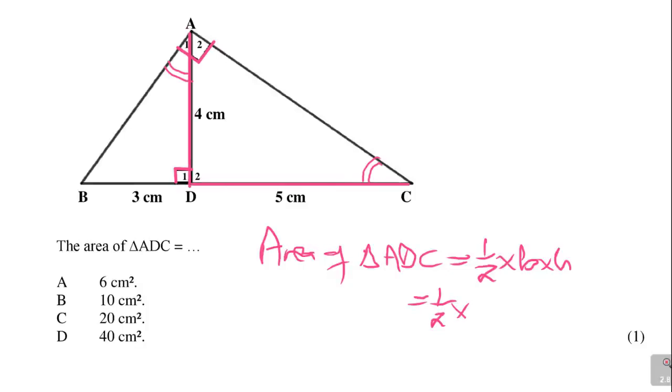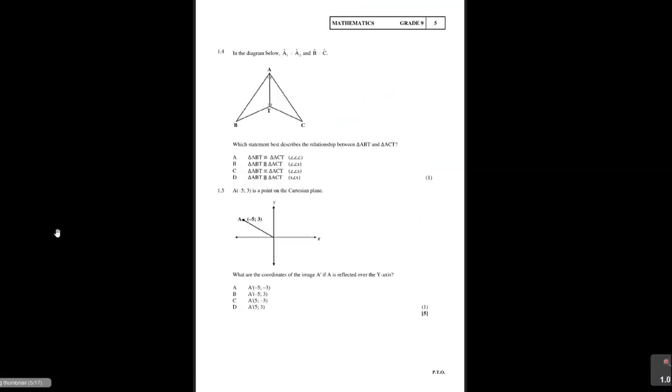We're focusing on this triangle ADC. So what is the base? It's 5. Half times base, which is 5, times height, which is 4, which is equal to, you cancel there, 10 centimeters squared. So again, it goes for B. Alright, so let's move on to the next one.